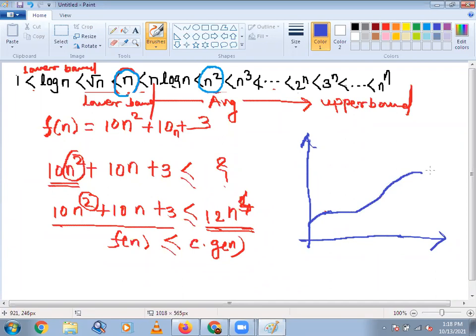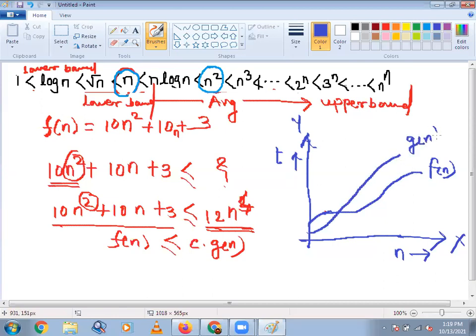This is f of n. On the x-axis are the values of n, and on the y-axis is the time complexity. And g of n is sometimes lower, but it goes towards the upper side.